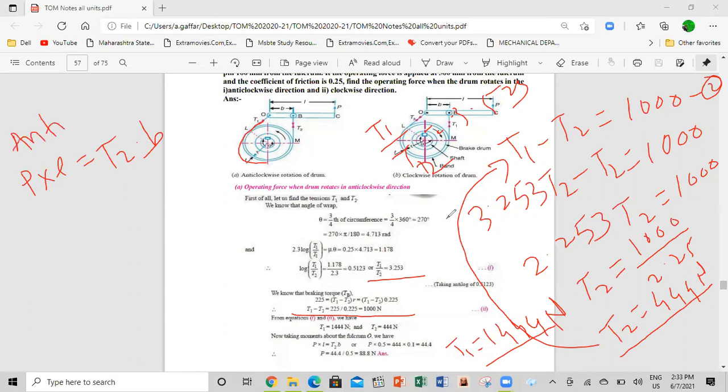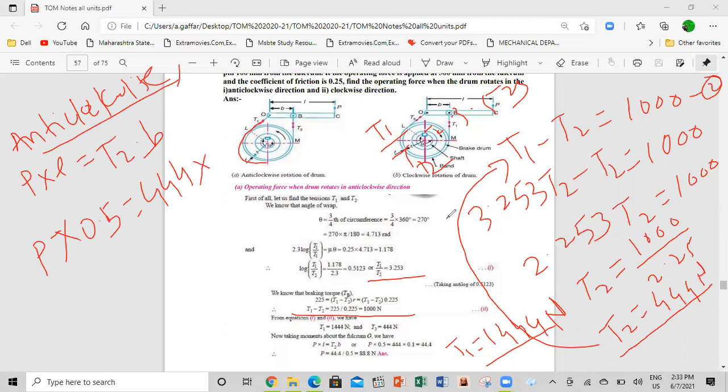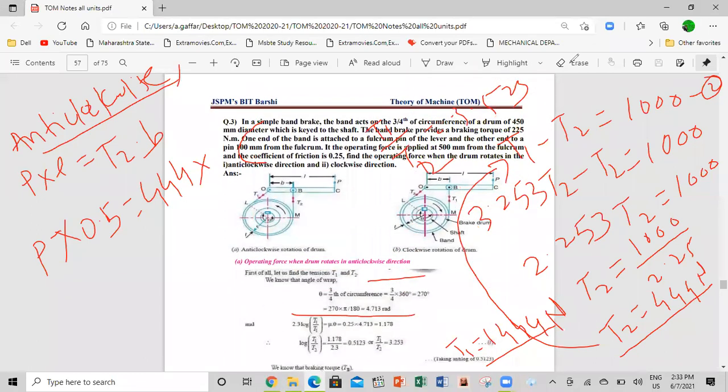So we have to find the value of P. P into L, the length of the lever, 0.5 meter after conversion from millimeter to meter, is equal to the value of T2, 444, into distance B. How much is the distance?